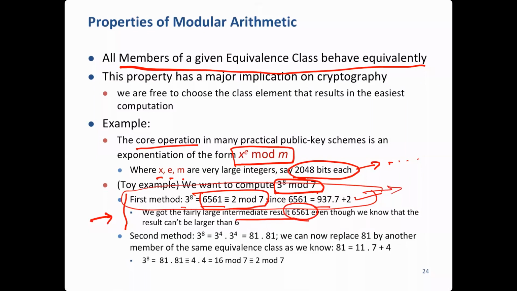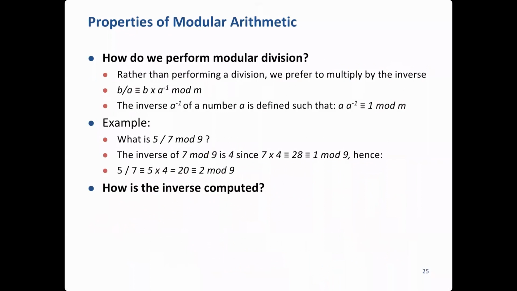So we can split this as 3 raised to the power 8 is equal to 3 raised to the power 4 into 3 raised to the power 4, which is 81 into 81, and 81 can be written as 11 into 7 plus 4, basically 4 mod 7. So you have 4 into 4 mod 7, that's 16 mod 7, and you get the answer 2. So it's very simple. By modular mathematics we simplify the operation, that's the reason we use it.